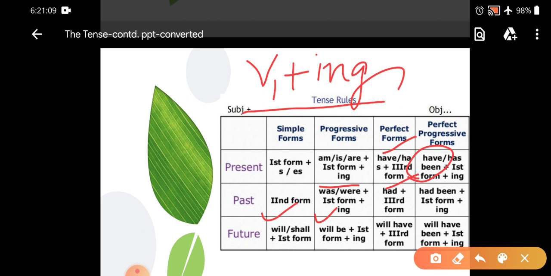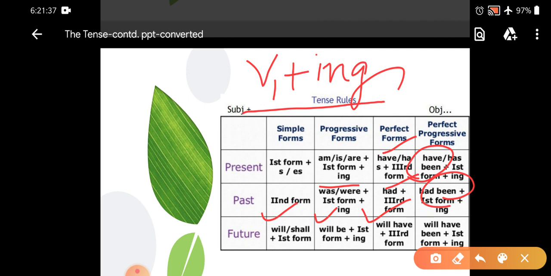So instead of is, am, are, the only change is was and were. Rest remains the same. Similarly, for perfect form, instead of have and has, it becomes had plus third form. And then for perfect progressive or perfect continuous, it is had plus been. Again, take note of been, and then first form plus ing.